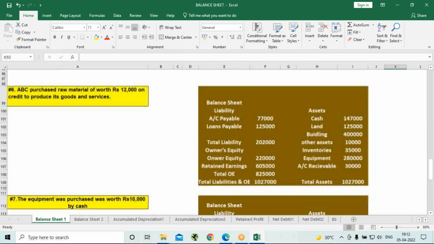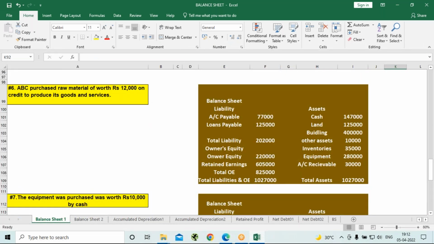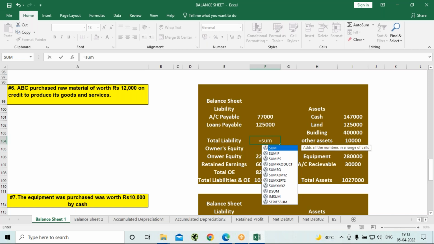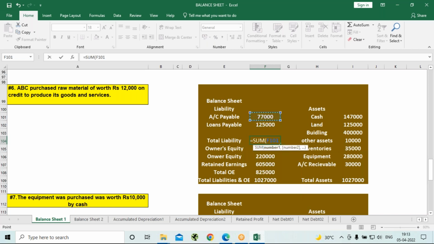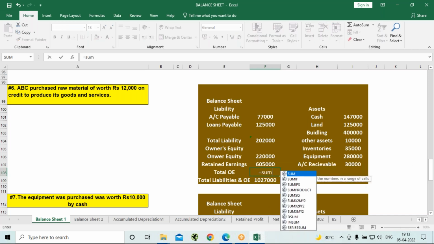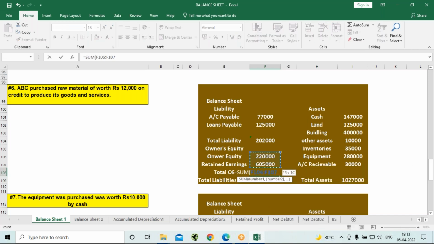Next, ABC purchased raw material worth rupees 12,000 on credit. Any try on this?